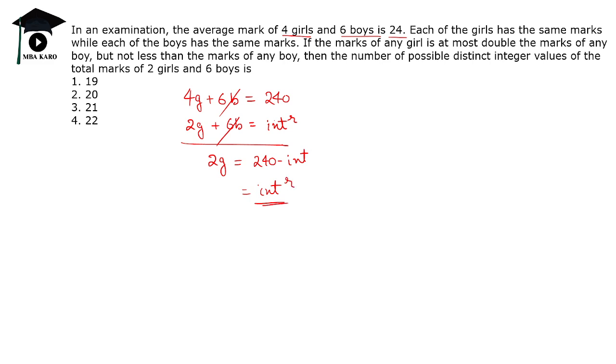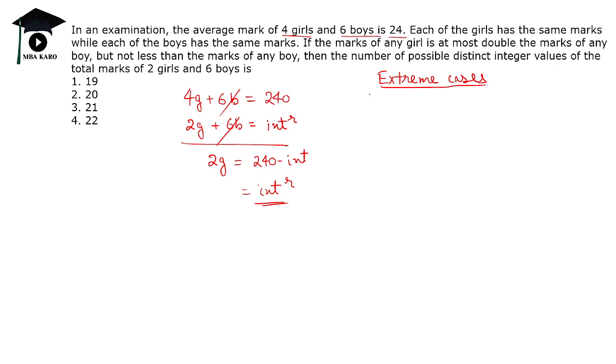Now, how will we get the values of G? So we will take the extreme cases. It says that the marks of any girl is at most double, so that is maximizing girls, right? And not less than the marks of any boy.